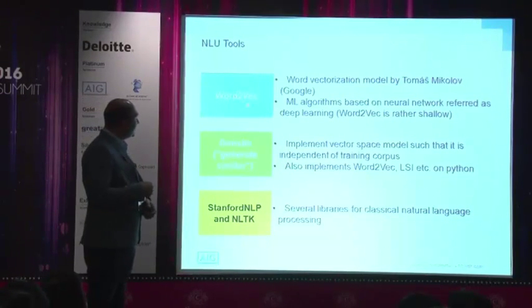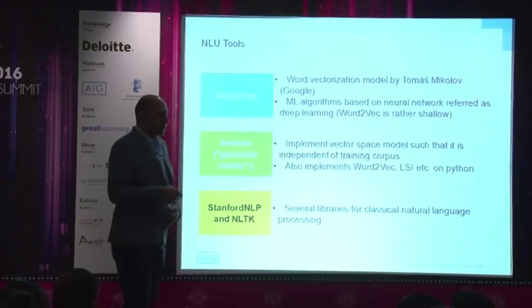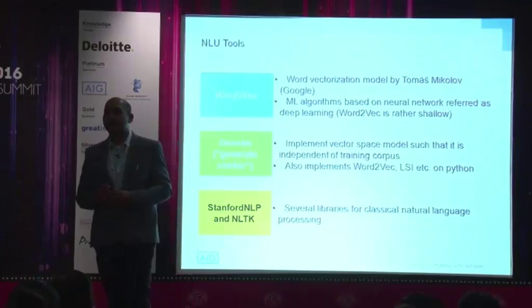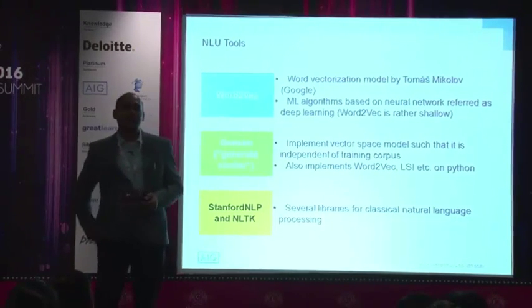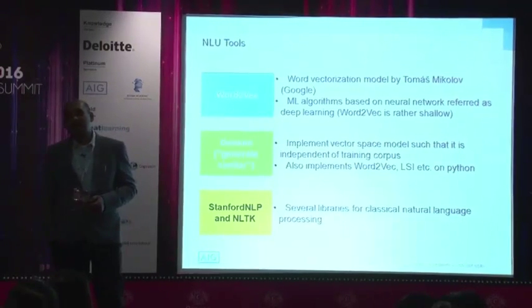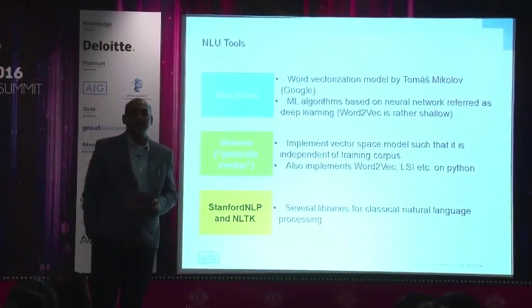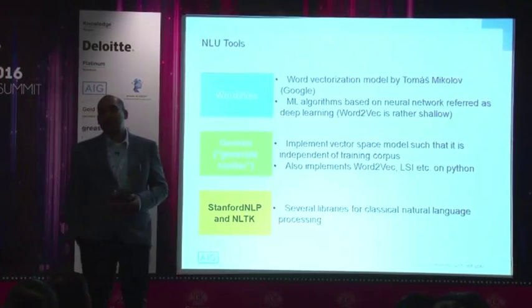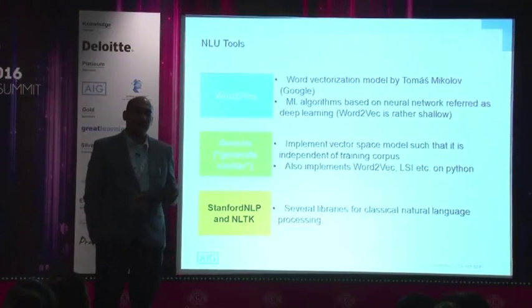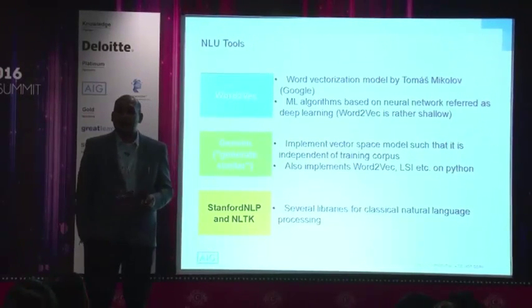The thing about word2vec was when it came out, it was pretty hazy in terms of how the math would work. So three researchers from Stanford, Jeffrey Pennington, Richard Socher, and Christopher Manning, looked at it and created something called GloVe.